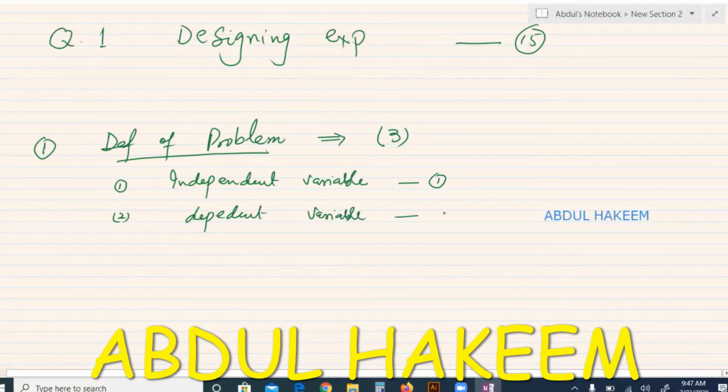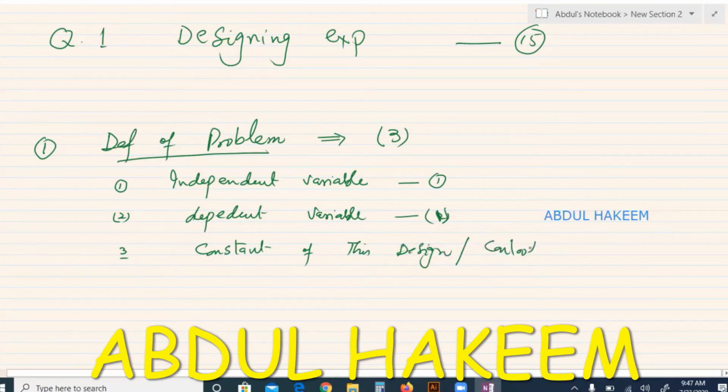We have to identify these things, and again 1 mark. And number 3, we have to find a quantity which must be kept constant of this design. Sometimes it is also called control variable, but it's better to write constant of the design.